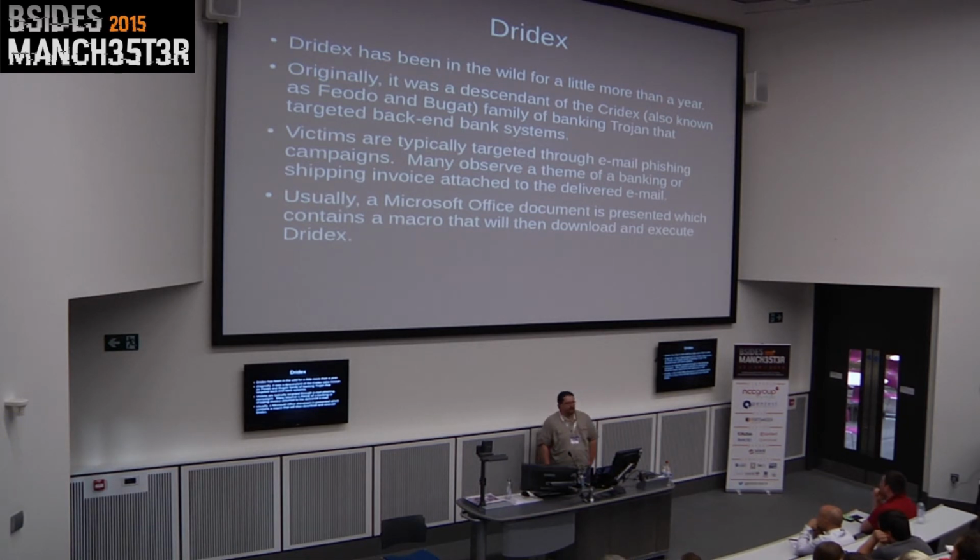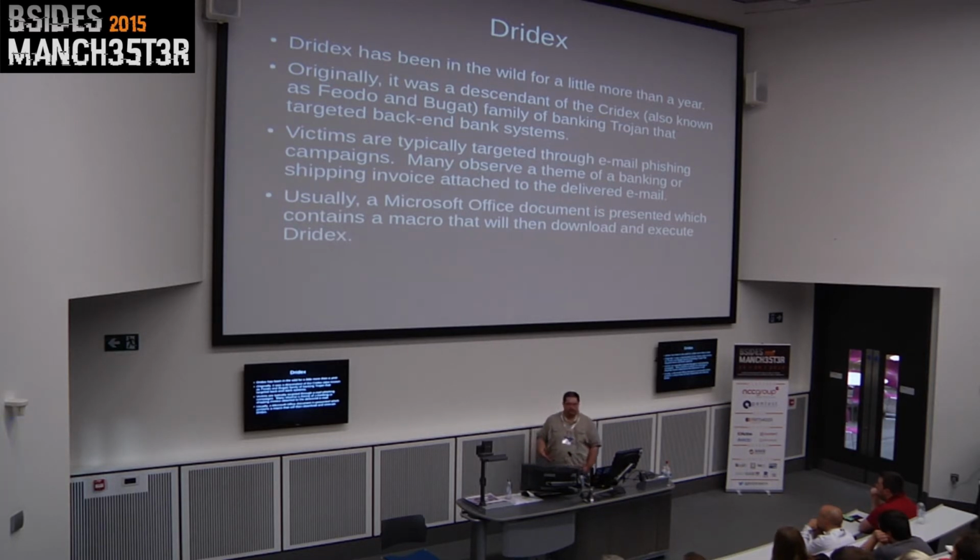With Dridex, victims are almost entirely targeted through phishing emails. Depending on who the affiliate is, those emails have varying degrees of quality. Not all of them are written by people that speak English as a first language. And some of the affiliates are based in other countries, target other countries.